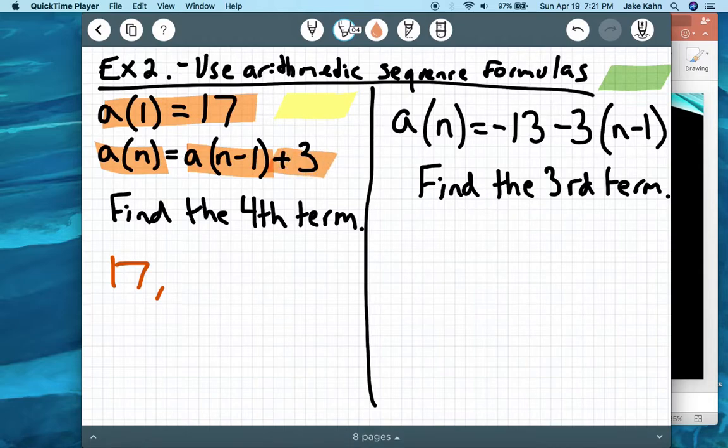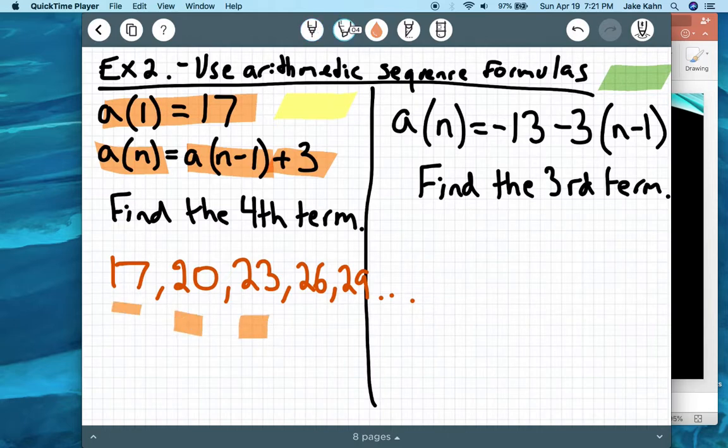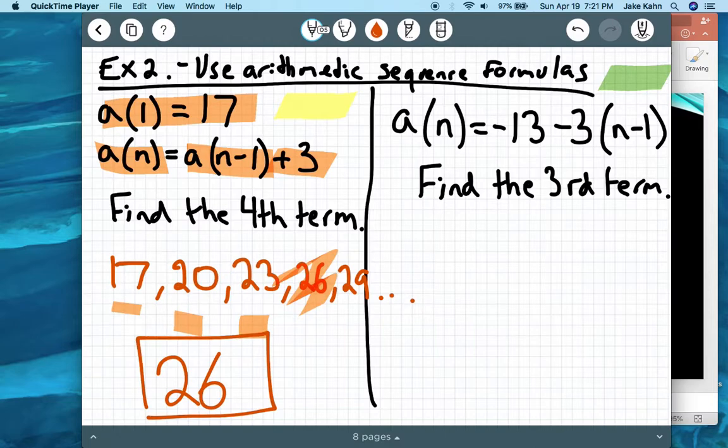Just add 3 to the previous term to get your next term. 17 plus 3 is 20. 20 plus 3 is 23. Then we have 26, 29, and so on. What is our fourth term? 1, 2, 3, 4. 26 is the fourth term in this sequence. So that's what we would do if we were looking at a recursive formula.